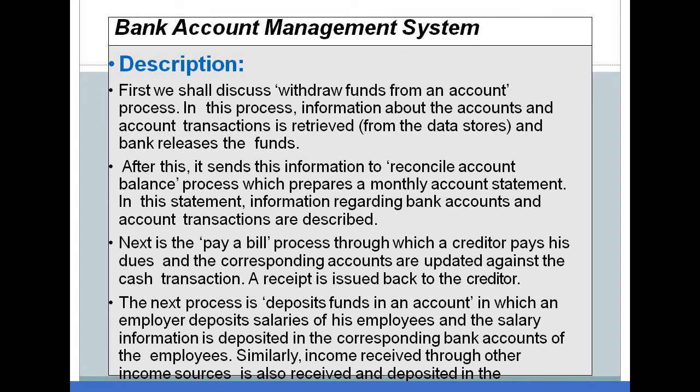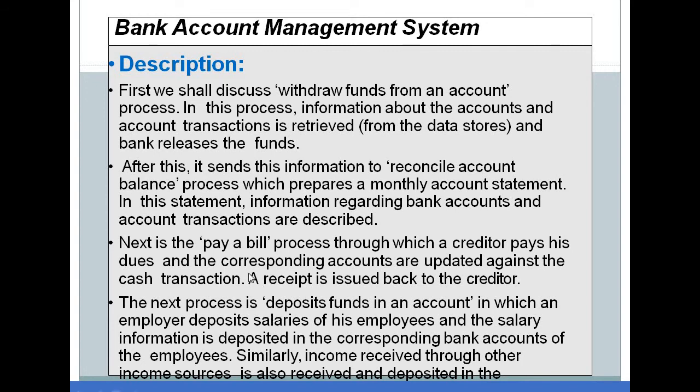In this process, information about the accounts and account transactions is retrieved from the data store and the bank releases the funds. Next, it sends the information to the reconcile account balance process, which prepares a monthly account statement. In this statement, information regarding bank accounts and account transactions is described.